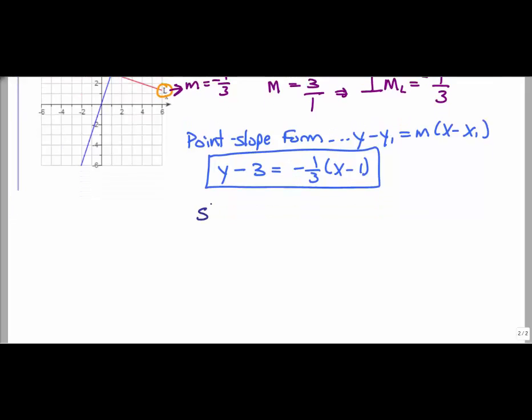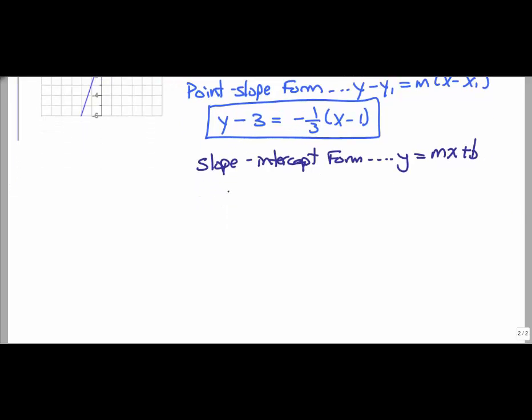Now for our next one, we want the slope-intercept form. From my picture, I already know that my y-intercept better be between 3 and 4. So this is y equals mx plus b. Well wait a minute, I can start right away. I know what y is.